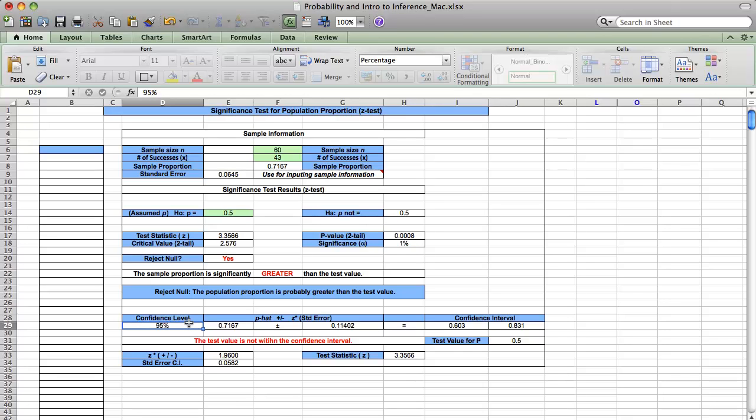We are 95% confident that the true percentage of women who spend in category 4 or category 5 is somewhere between 60% and 83%. That interval range not only excludes 50% or 0.5, but it is well above 0.5.